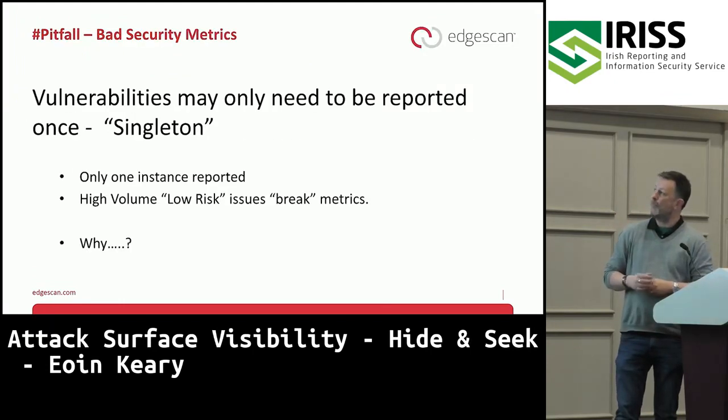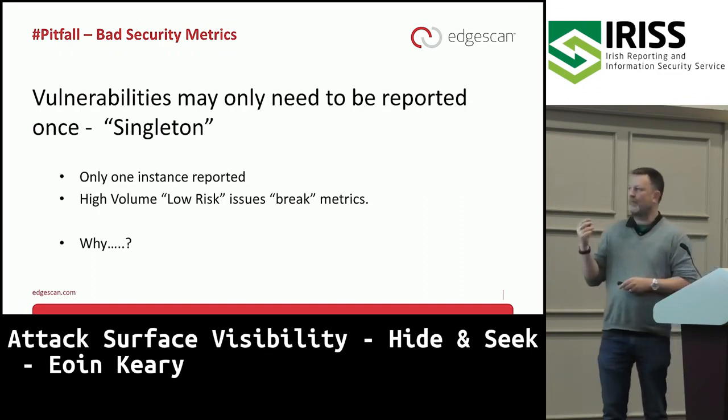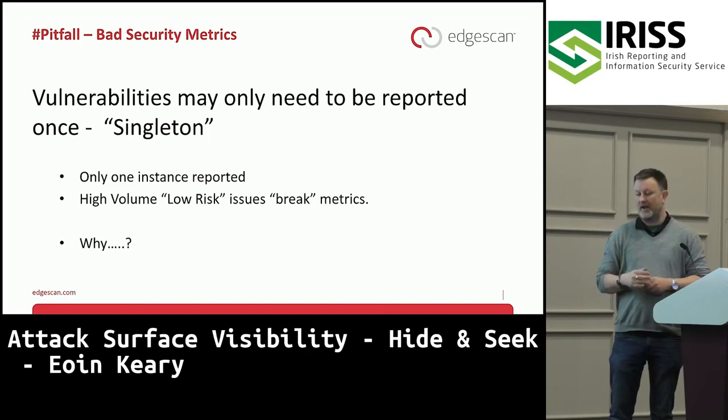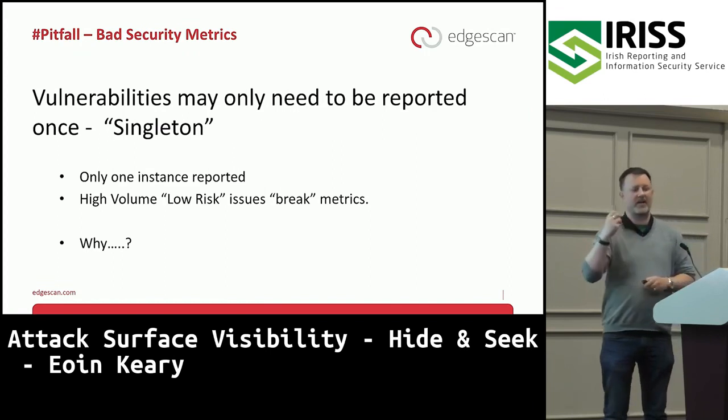A last few points around pitfalls of all this automation. Vulnerabilities sometimes need to be treated as a singleton, because vulnerability statistics are not linear. They're very much a non-linear concept. Risk is very much a non-linear concept. If you have a high volume of low-risk issues and you're just recording them as metrics, it will skew your metrics.